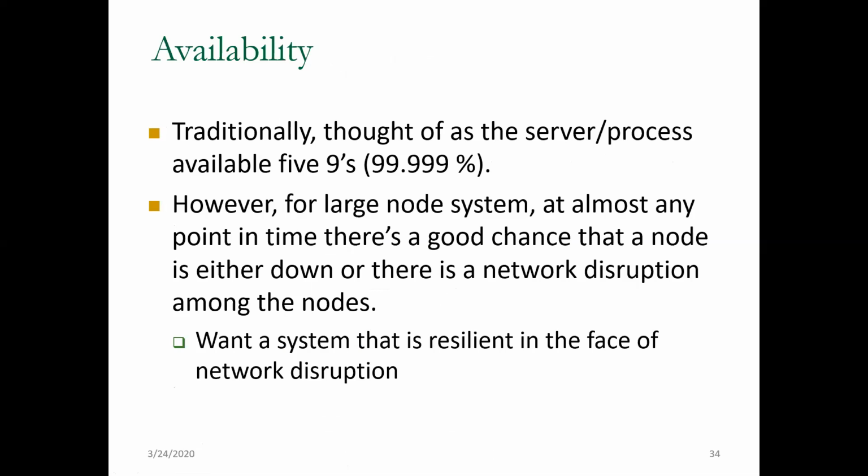So the network can be a big culprit here because there can be network disruptions every now and then. There may be a possibility that the system is resilient to network disruptions. So there are certain strategies that you develop to ensure the availability factor is incorporated.